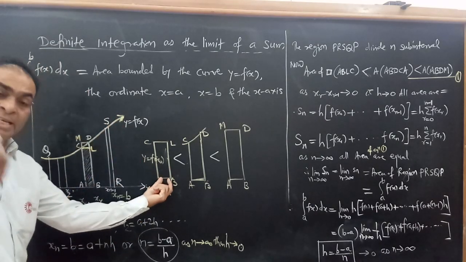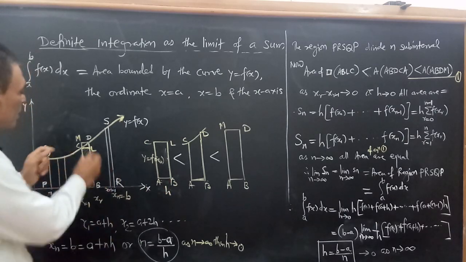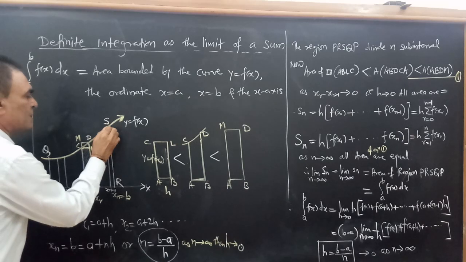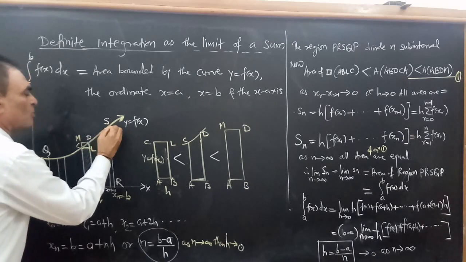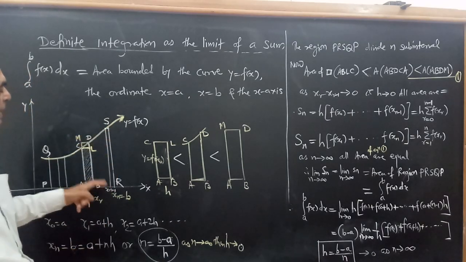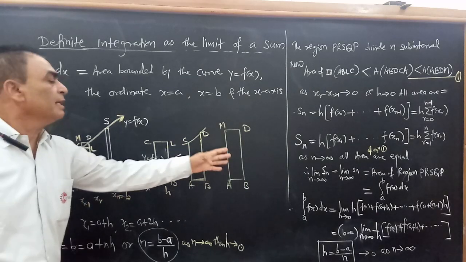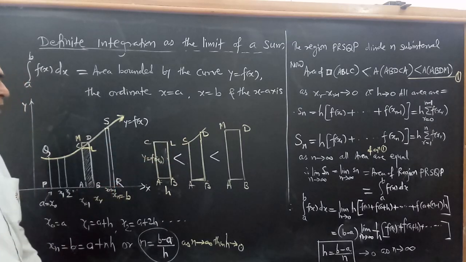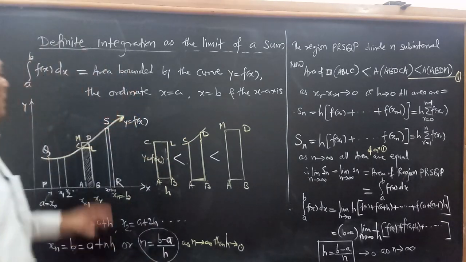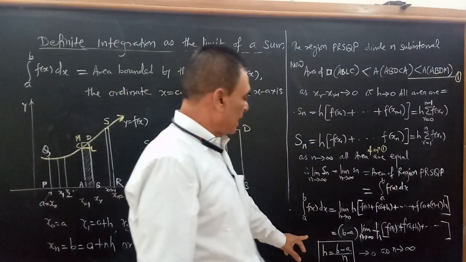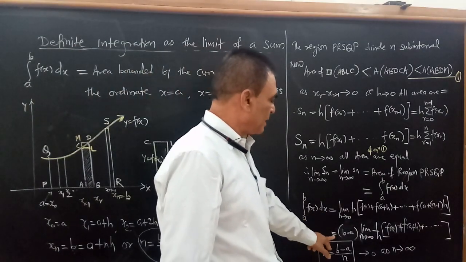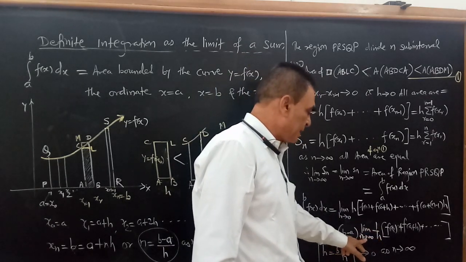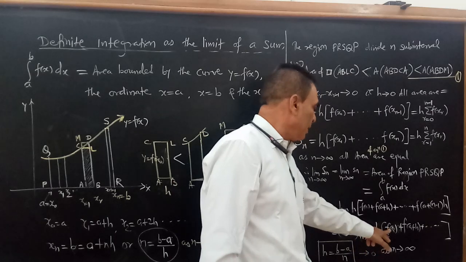If the width is very small, automatically the gap to the curve is also very small, therefore the difference is very small. That's why the smaller rectangle and larger rectangle are nearly equal to the curve. Therefore this area, as per this formula, integration of a to b f of x dx is nothing but b minus a, limit 1 upon n as n tends to infinity.